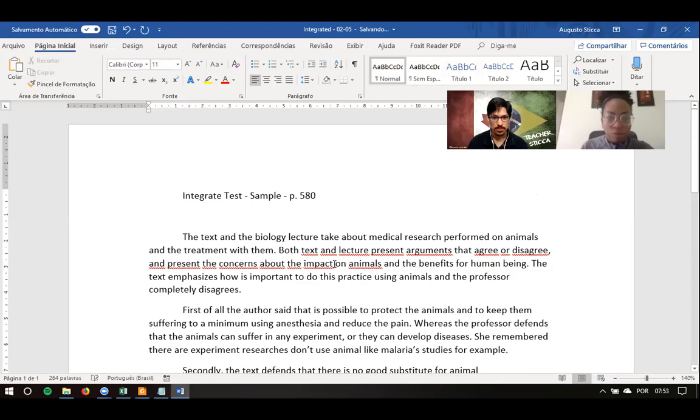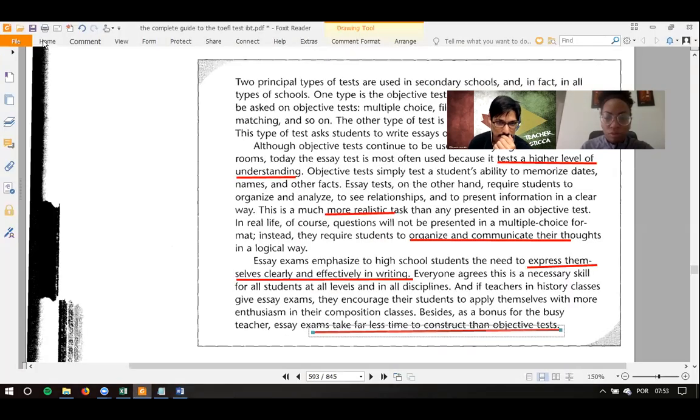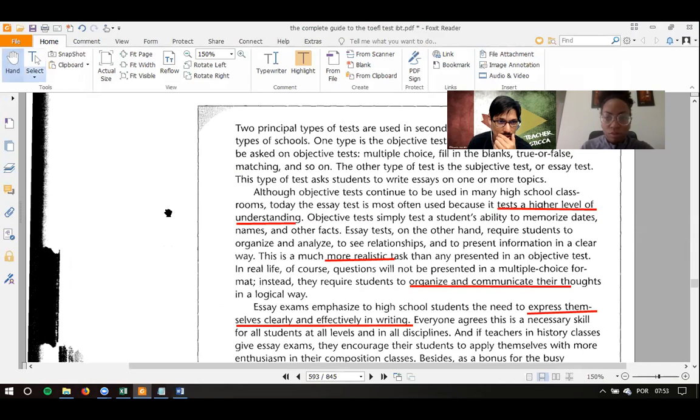Let's see. Vivisection. Let me just remember the vivisection arguments. The first argument, the third argument, it's immoral. No good substitute. And resemblance, genetical resemblance.